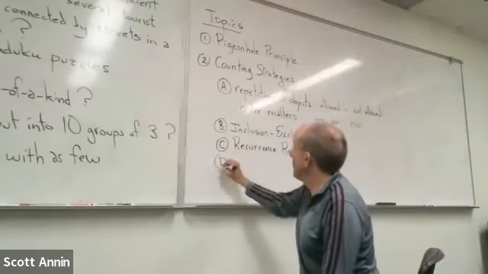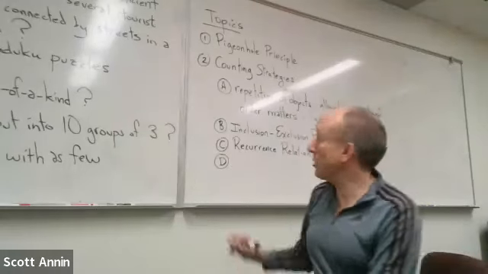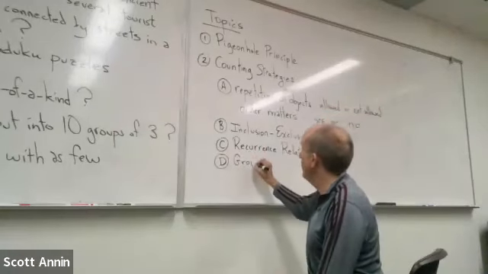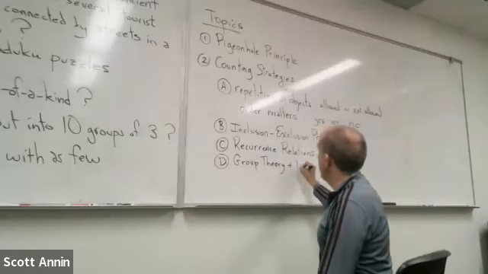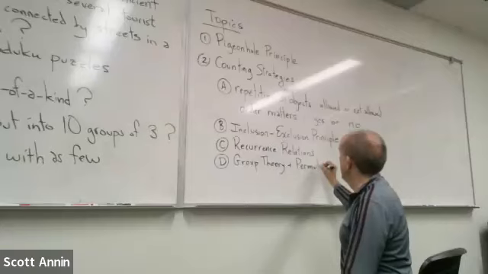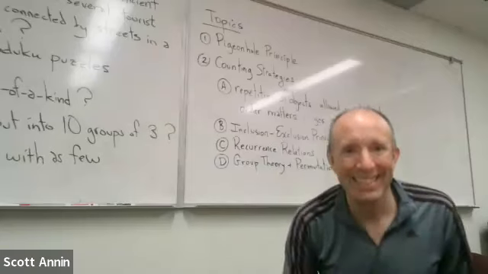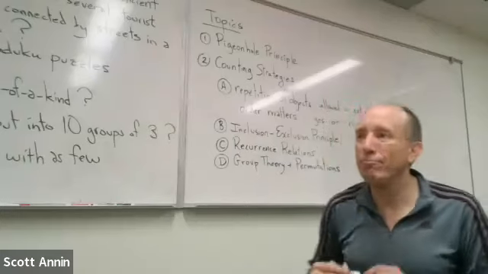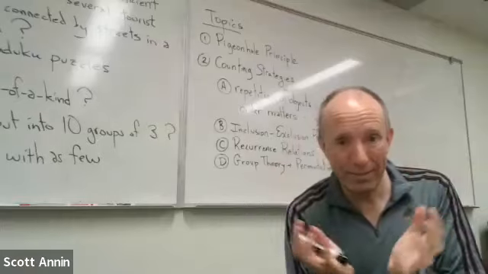Finally, one of the strategies that I'm looking forward to sharing in this course is to actually use group theory and permutations as a mechanism for counting things. Let's say we have necklaces that have colored beads.